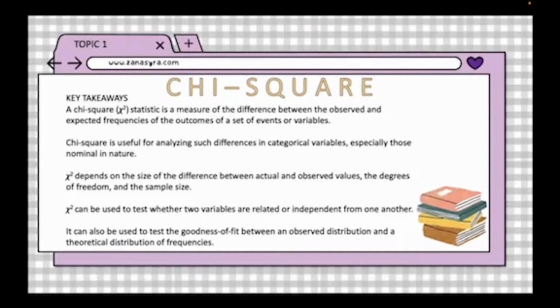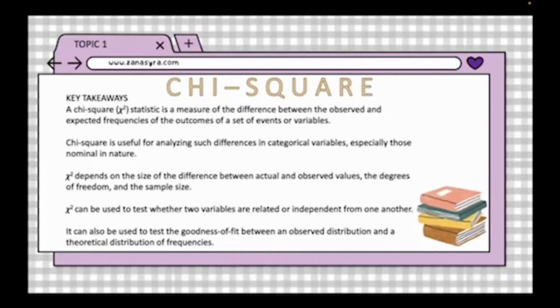Key takeaways. A chi-square statistic is the measure of difference between the observed and expected frequency of the outcome of a set of events or variables. Chi-square is useful for analyzing such differences in categorical variables, especially those nominal in nature.